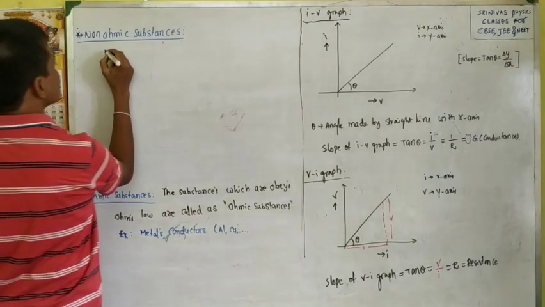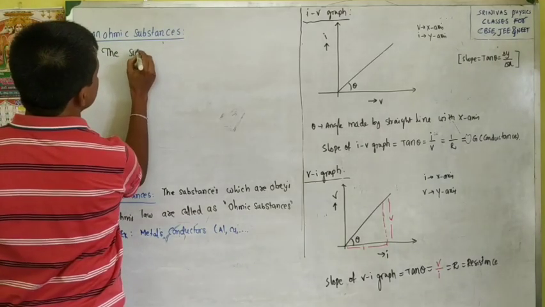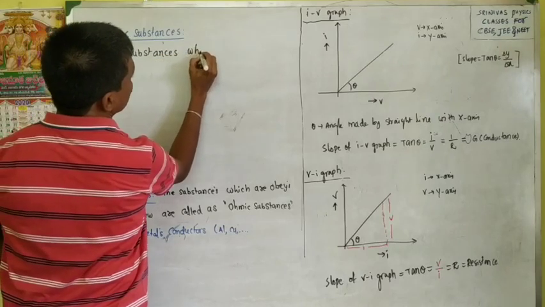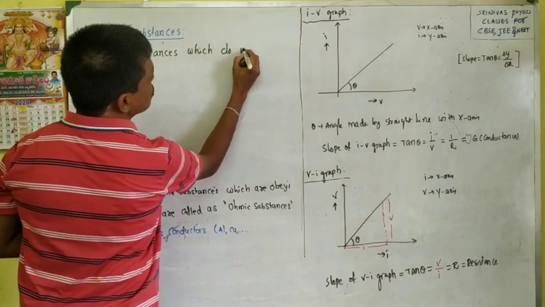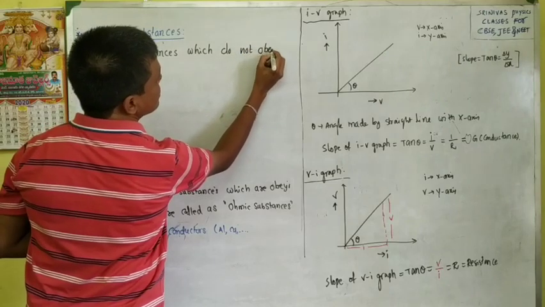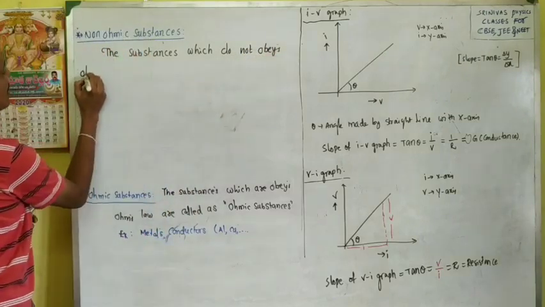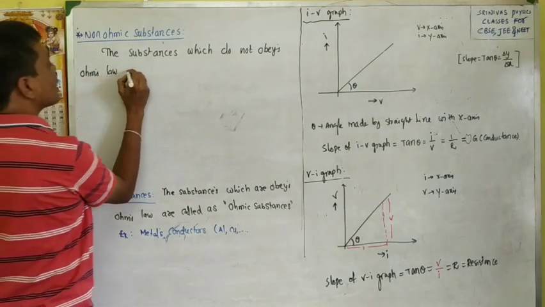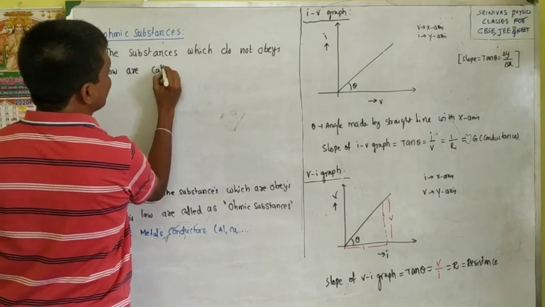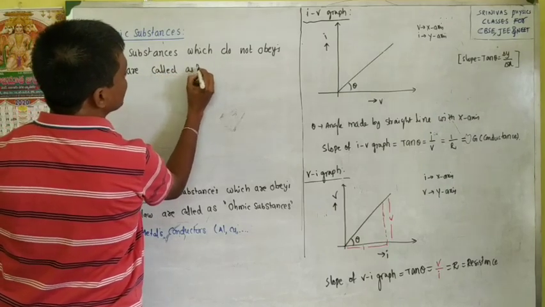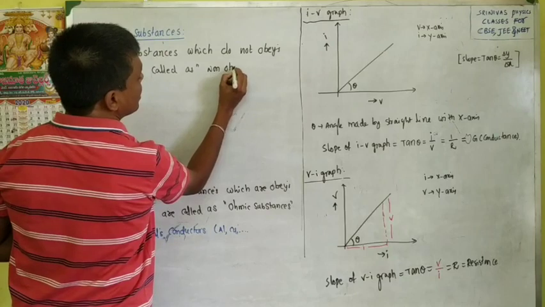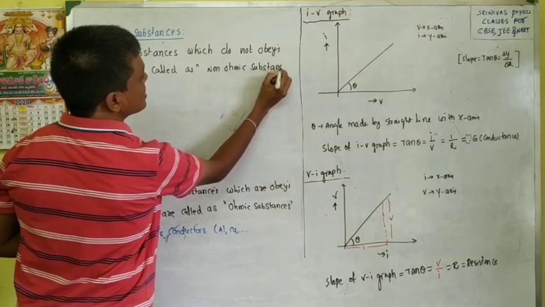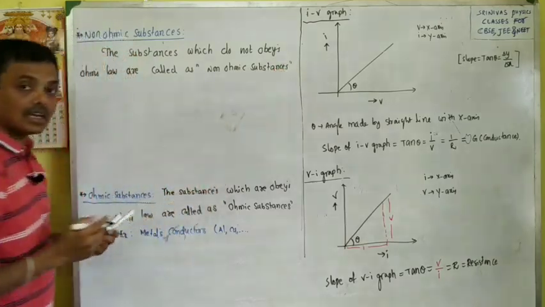The definition is: the substances which do not obey Ohm's law are called non-ohmic substances. In the case of non-ohmic substances, you will not get the graph as a straight line.